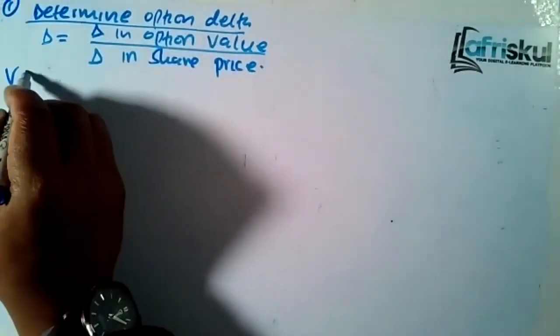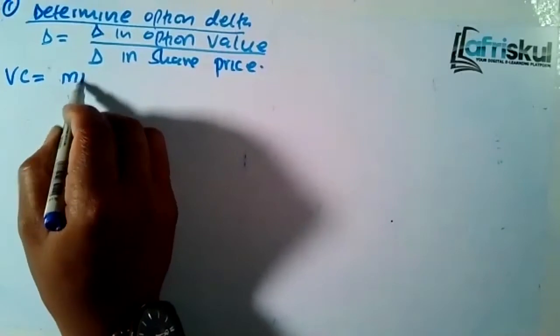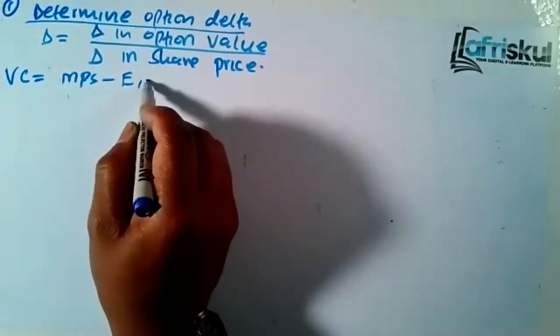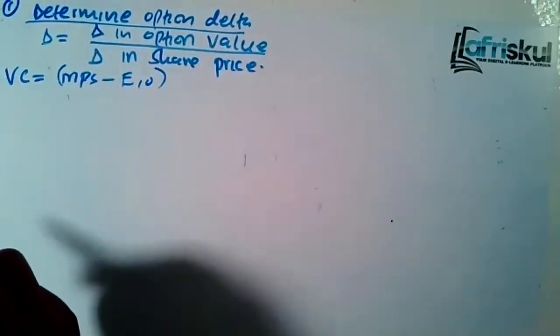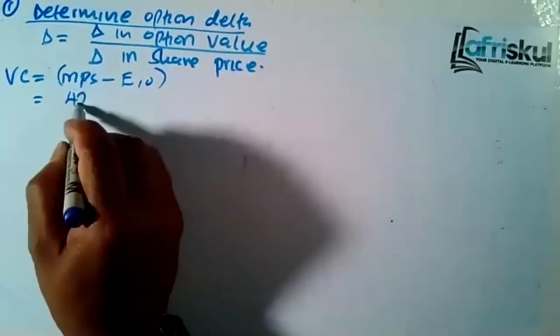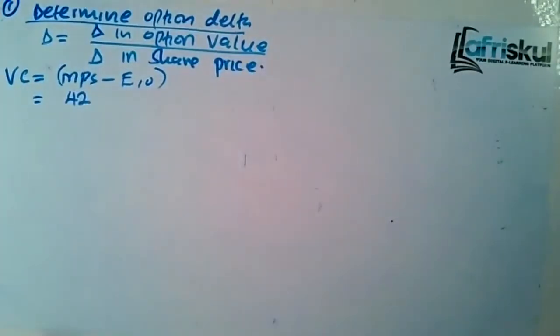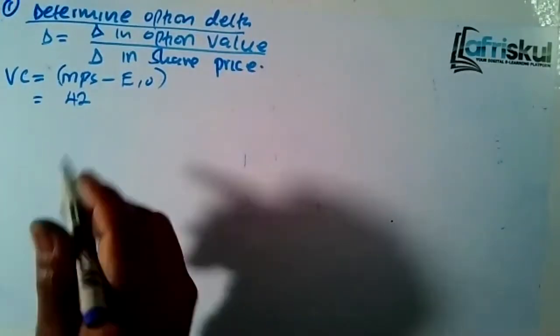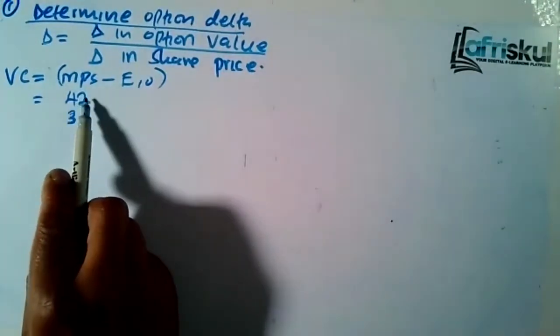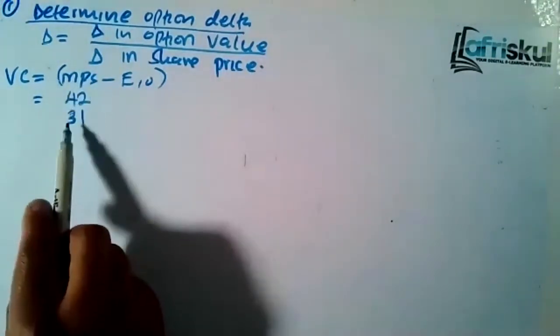We have said that the value of the call is the market price per share minus the exercise or strike price, or 0. In this case, we are told that the market price can increase either to 42 or it can go down to 31. Those were the two market prices. That's the market price per share.